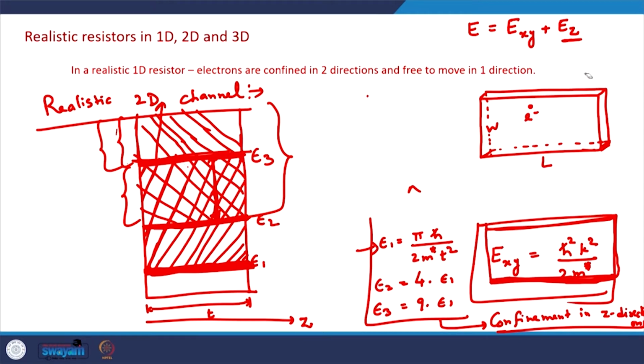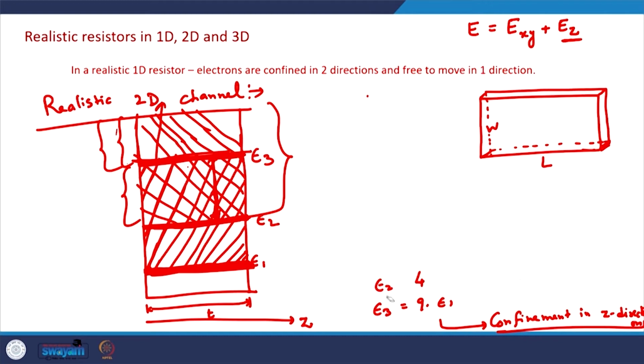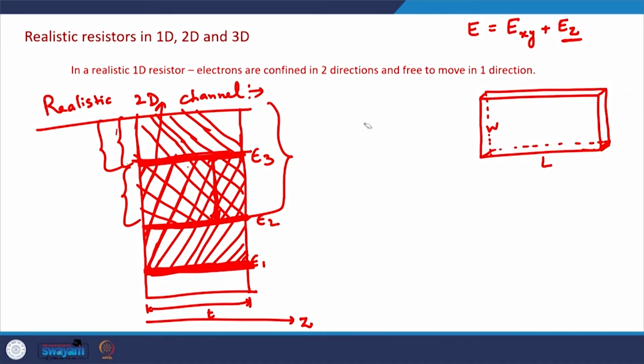Here we are making a two terminal device with this realistic 2D conductor. What it means is that we are putting contacts on two sides of it, and please always keep in mind that these are bulk contacts.